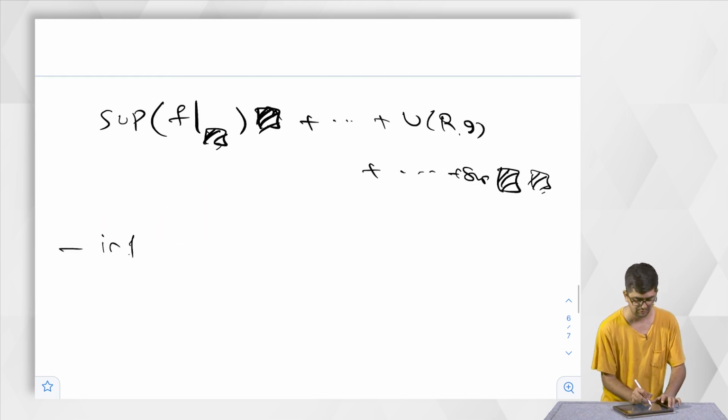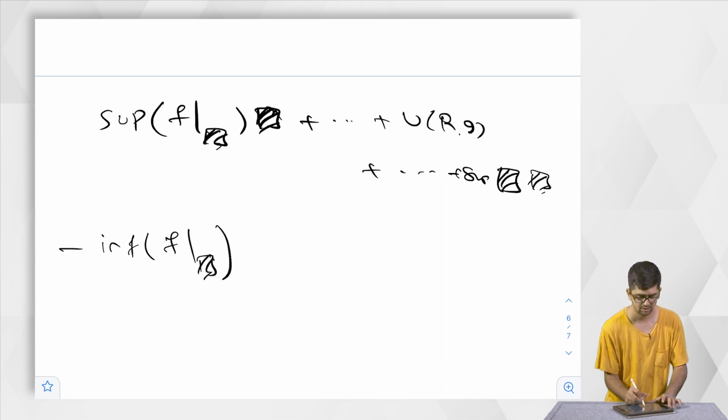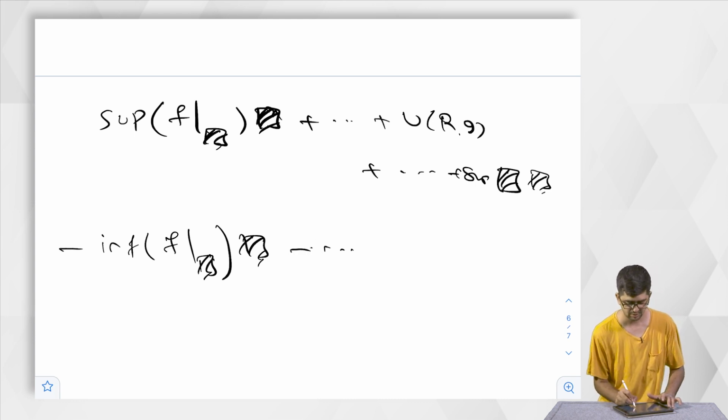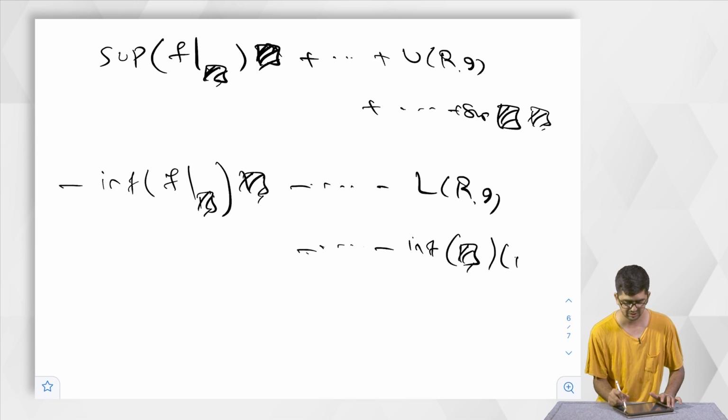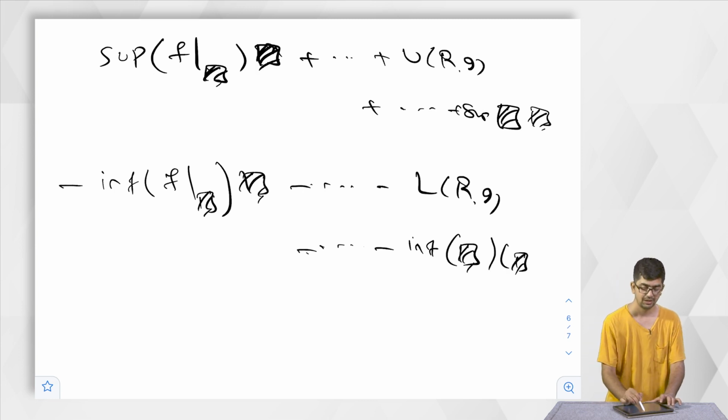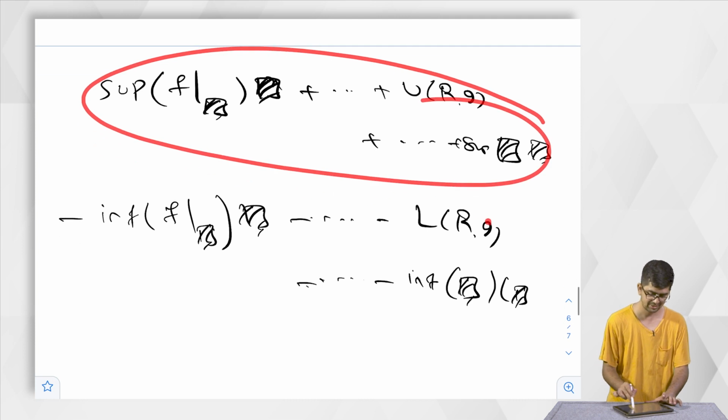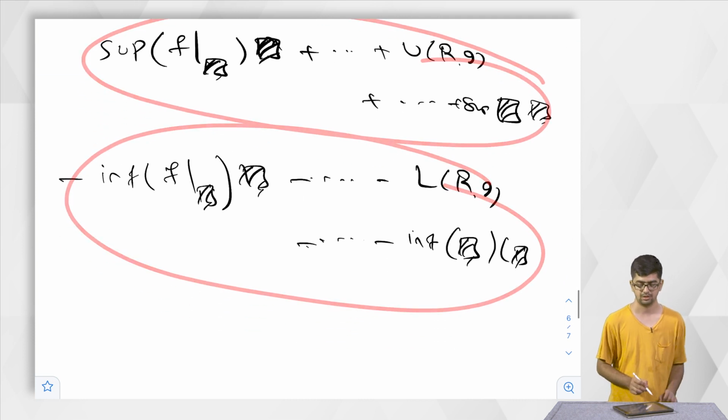So infimum of f restricted to some interval times the length of that interval, minus, and so on, minus L(R, g), plus and so on, again minus infimum of f restricted to some interval times the length of the interval. What we know is that this minus this is less than epsilon.